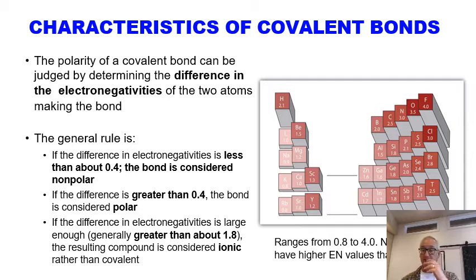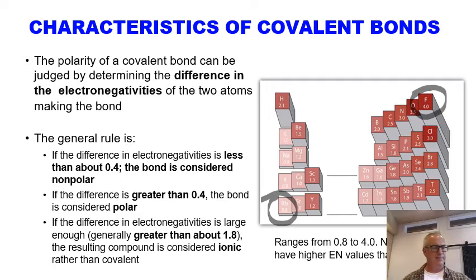So the polarity of these bonds is determined by the difference between the electronegativity of atom 1 and atom 2. And again, you do not have to memorize these electronegativities. There's a table in the list of all the stuff that you can refer to for a test. So they range from a low of like 0.8, which is rubidium, and the high is 4 with fluorine.